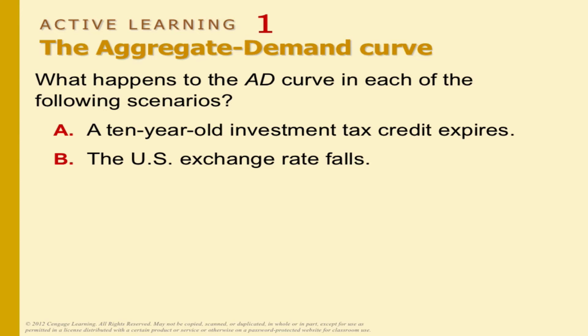It costs more for us to buy imported goods, but our exported goods are cheaper overseas. So what component of GDP changes, and how does it change? It increases because we import less and export more because our dollar's worth less. Yeah, the exchange rate effect is right. So what does that do to the aggregate demand curve?